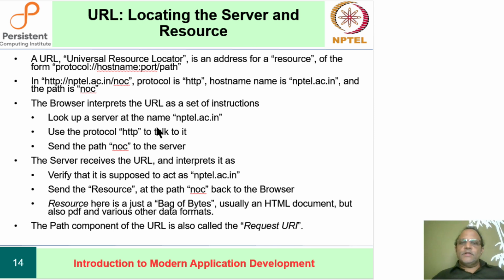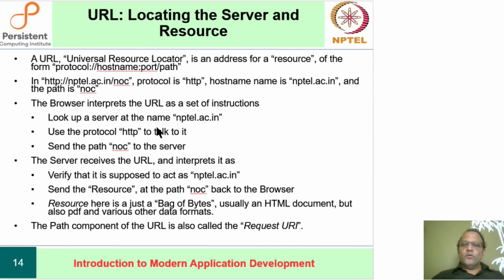A URL is the acronym for Uniform Resource Locator. It is, as it says, a locator, that is to say an address for a resource. The structure of a URL is of the form protocol://hostname:port/path. This structure has two important parts.